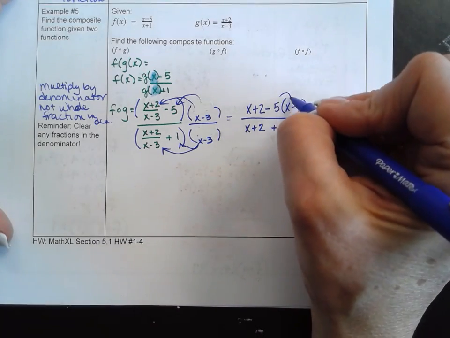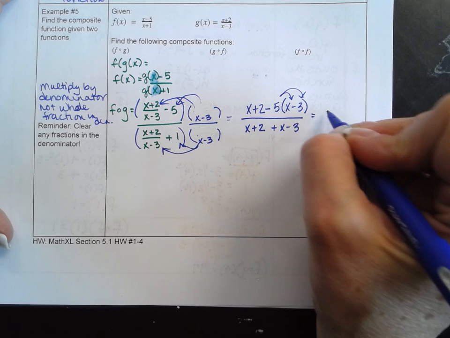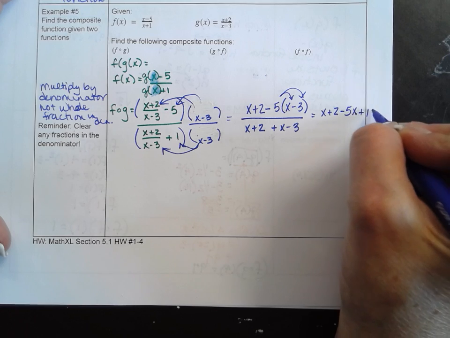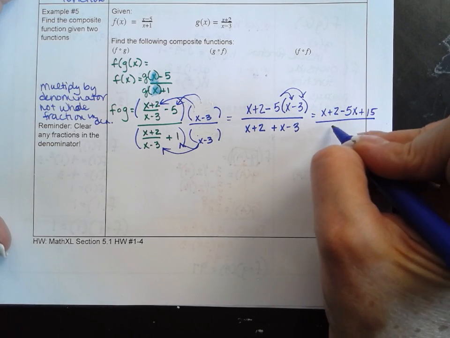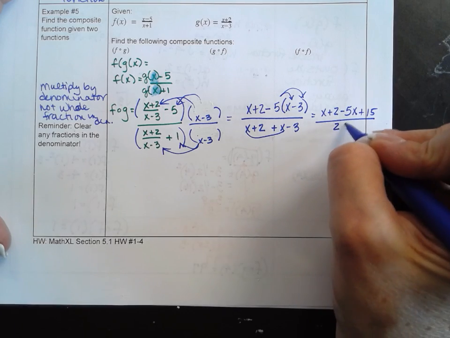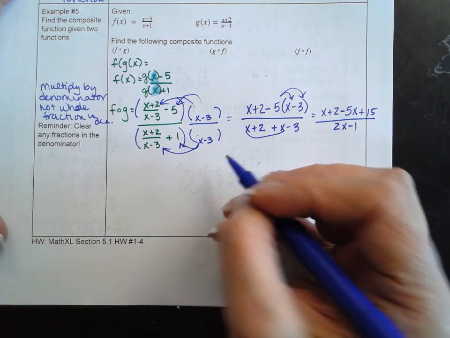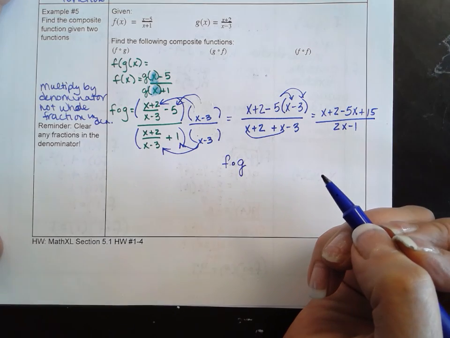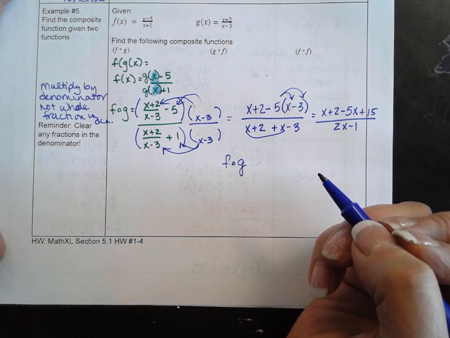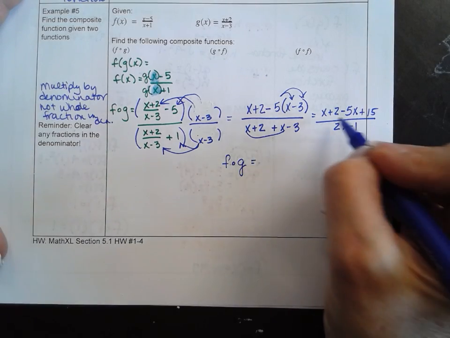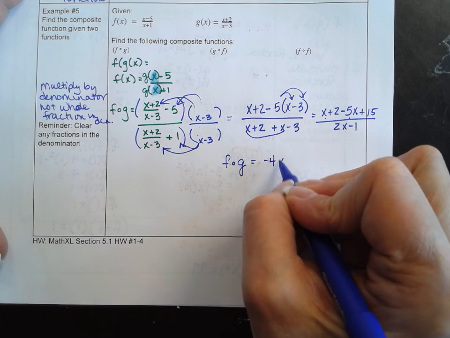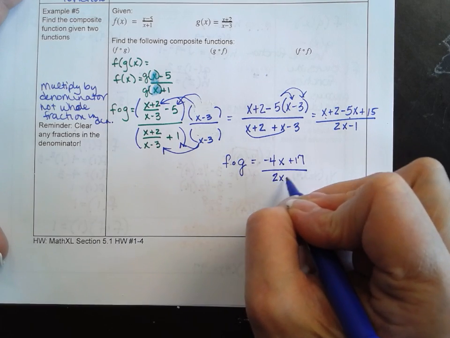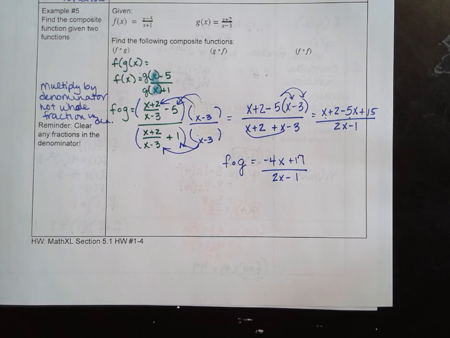Okay, so now I keep distributing and I get x plus 2 minus 5x plus 15 over, I can combine, so 2x minus 1. So, my f composed of g, I made my little circle a little bit smaller, so fog, is going to be negative 4x plus 17 over 2x minus 1.